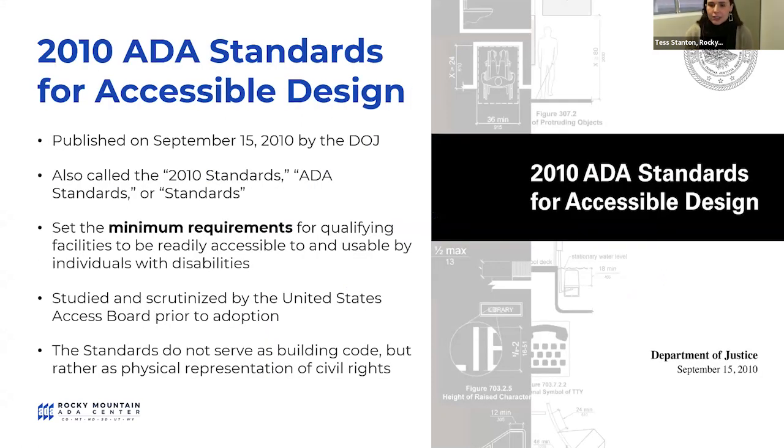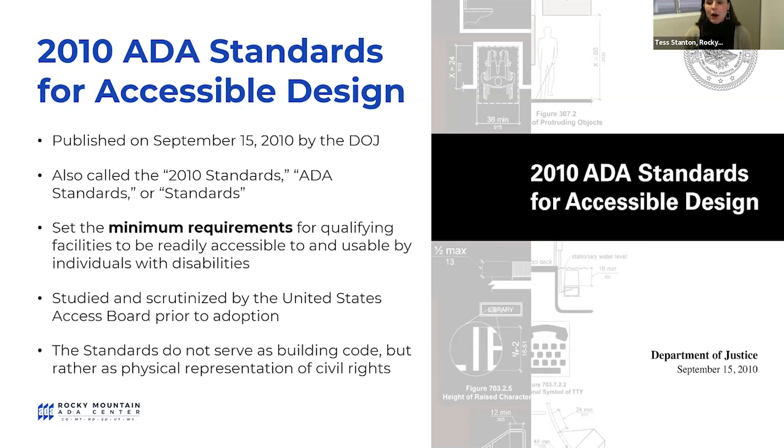So the standards for physical accessibility under the ADA can be found in this document titled the 2010 ADA Standards for Accessible Design. The image on the presentation slide shows the cover of the 2010 ADA Standards for Accessible Design, which in the background has washed out images of different measurements and dimensions of accessibility elements.